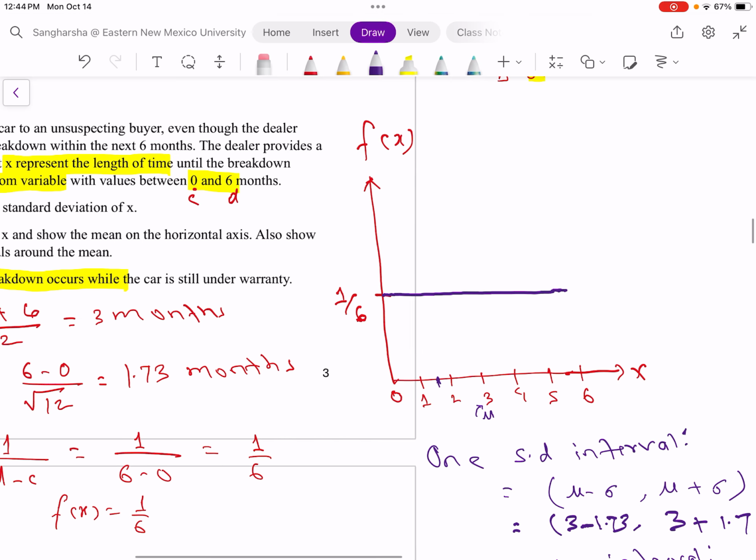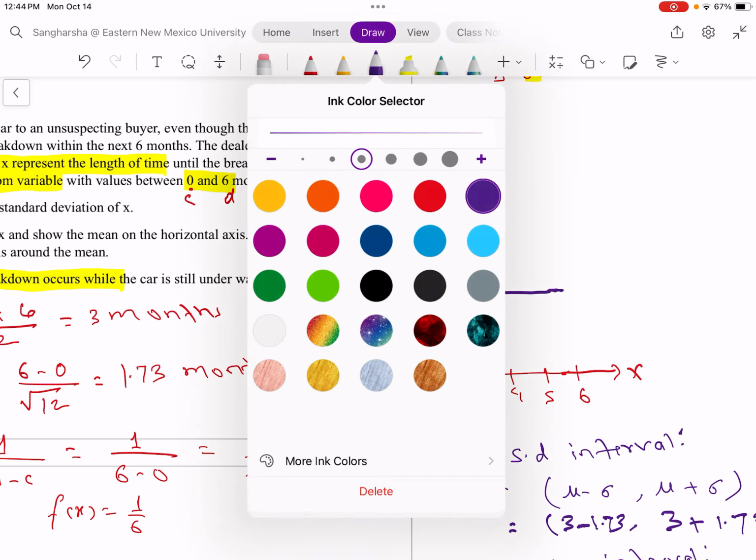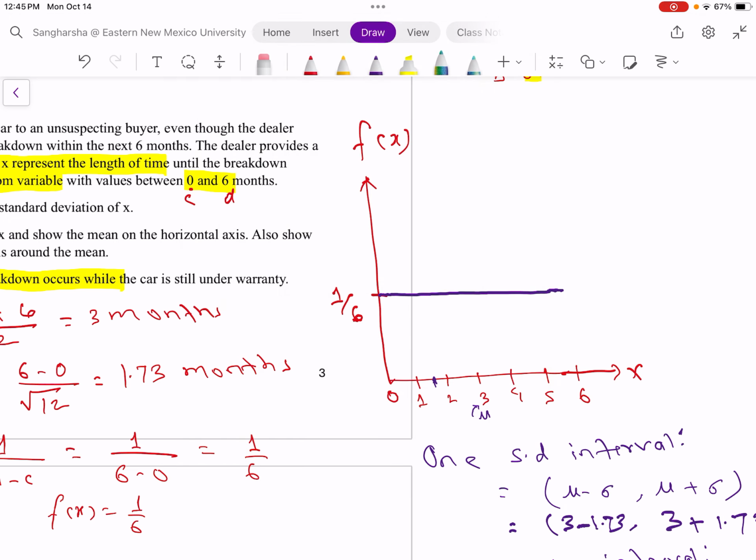So we want to find the probability that the car is still under warranty. What part of our graph are we interested in? Under warranty means under 1.5, less than 1.5. So we have this graph starting from 0 all the way up to 1.5, and we want to find the area under this graph.